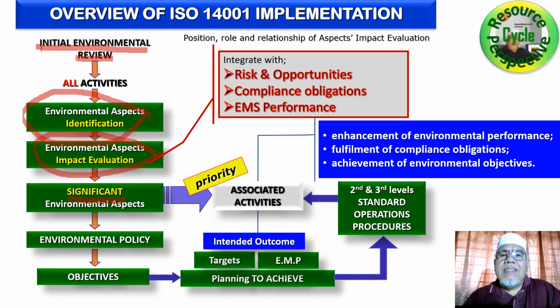Some of them are less. That is why we have got to evaluate our environmental aspects impact to see whether the impact from these environmental aspects are significant or moderately significant or less significant or not significant at all. So we use numeric for that, okay?